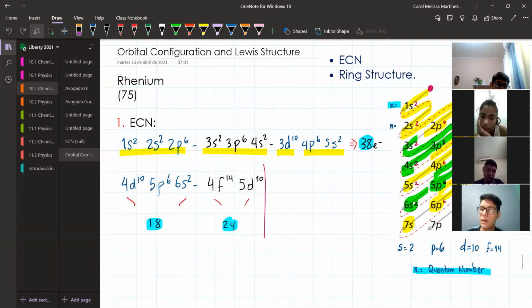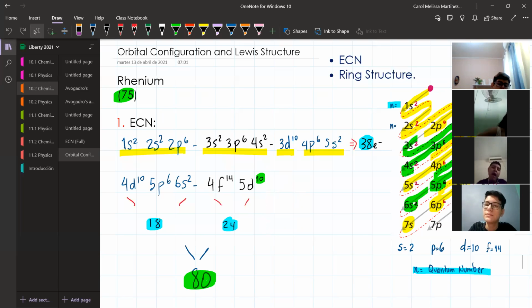So here I have 80, okay? But I don't need 80, I just need 75, which means that from the last one, which is 3d10, I'm not gonna be using 10, I'm gonna be subtracting the extra electrons. With 80, I have 5 more electrons, which means from the 10, I'm gonna take those extra electrons away.